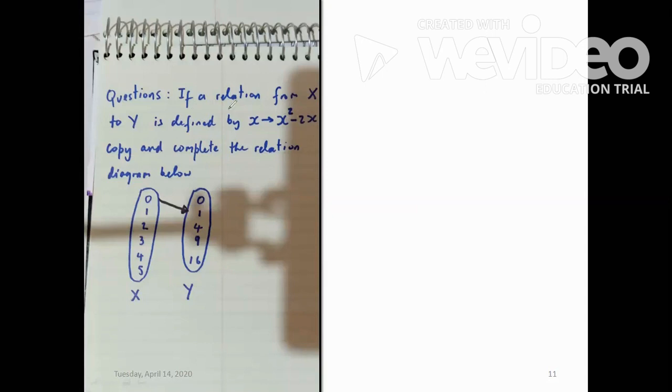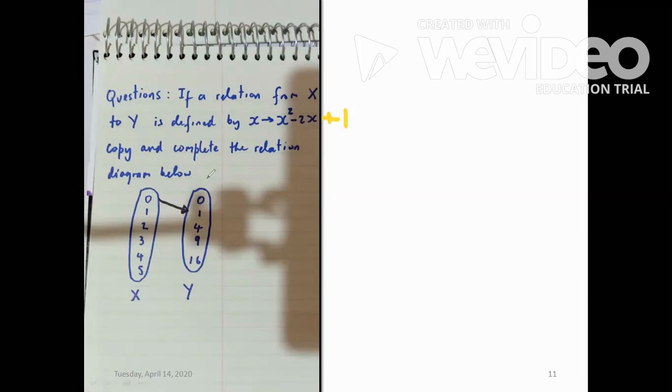It says, if a relation from x to y is defined by x maps to x squared minus 2x, that should be plus 1. Copy and complete the relation diagram below.